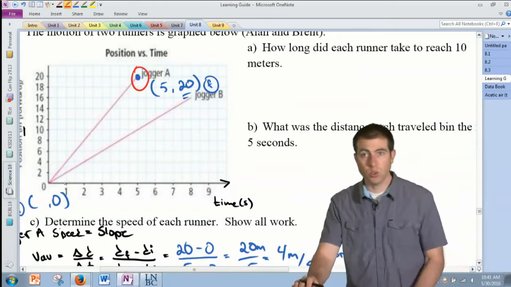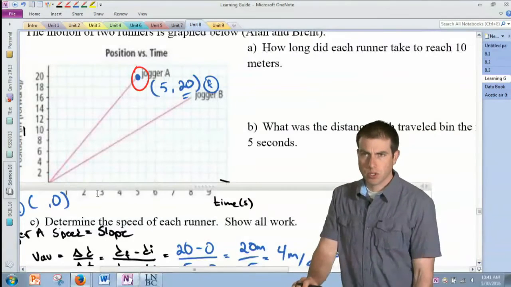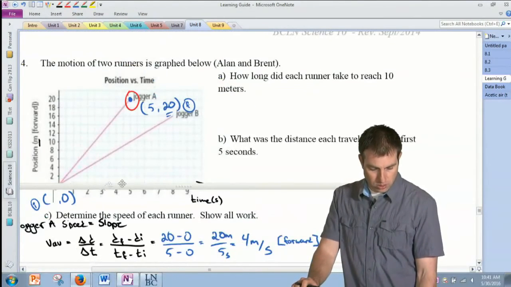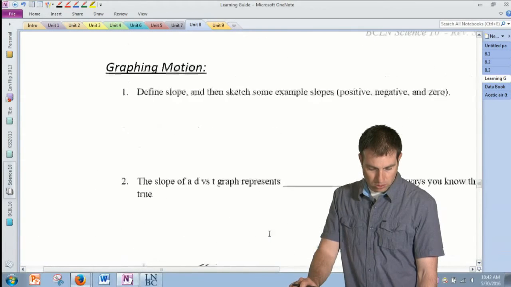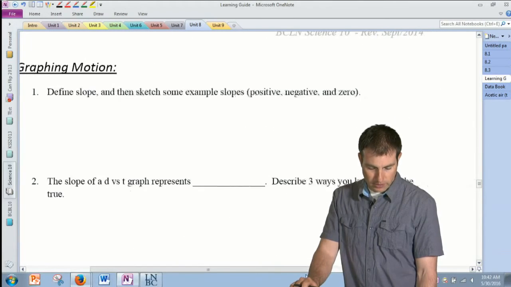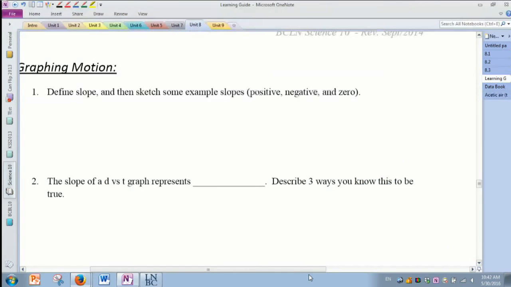For question 2, how would we describe how we know? Are you talking about this guy? The slope of a distance versus time graph represents speed.